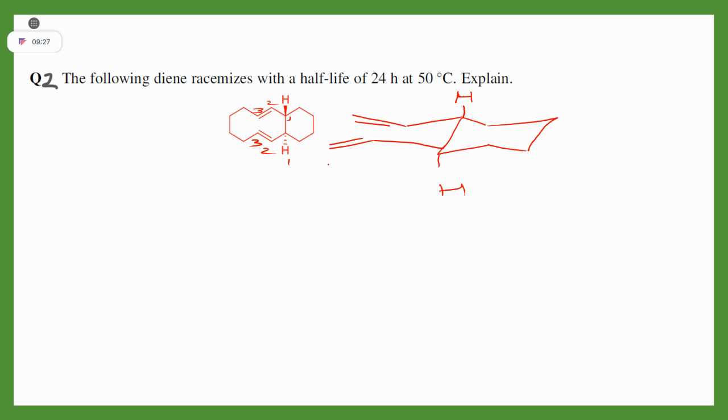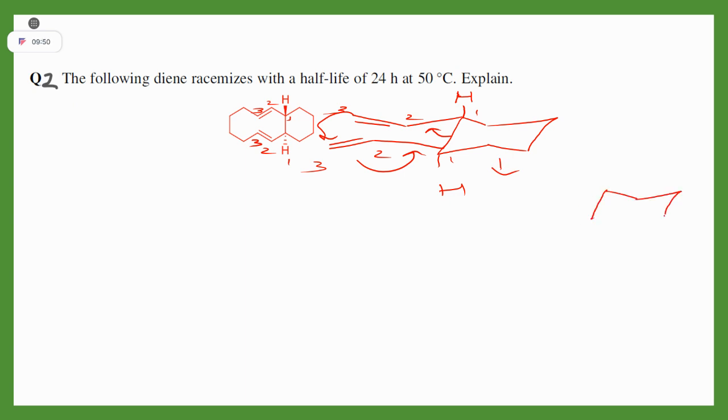Yes or no? So now the remaining thing is one, two, three, one, two, three. This bond will go there. Yes or no? This bond will go here. This will go here. And after that, what will it form?